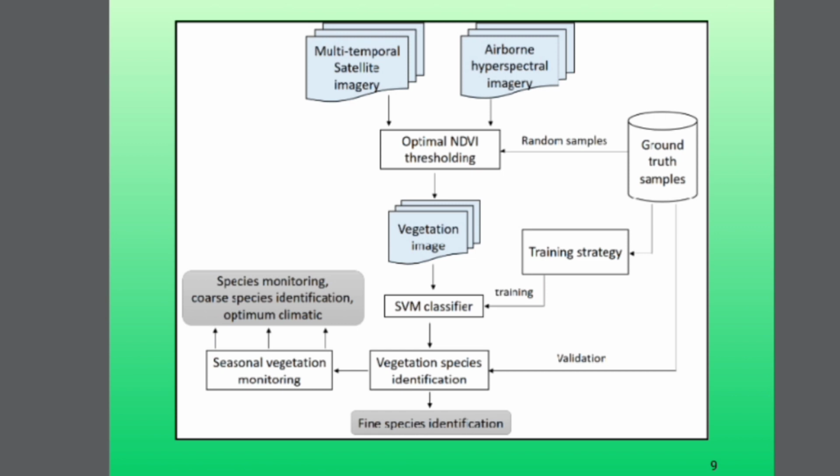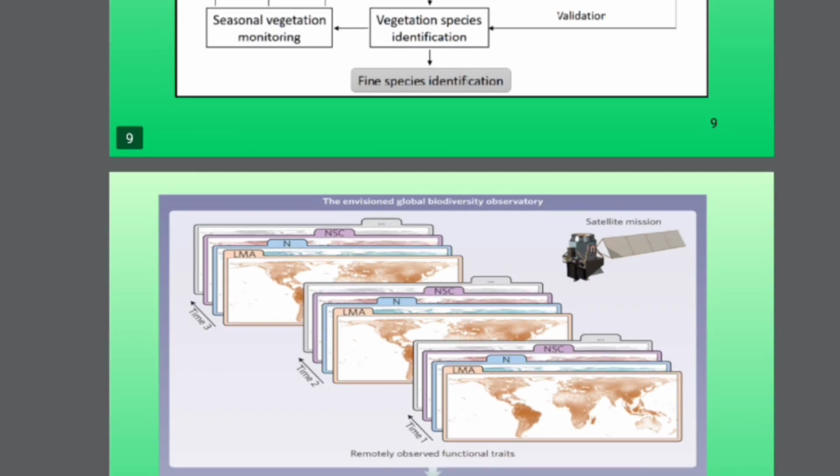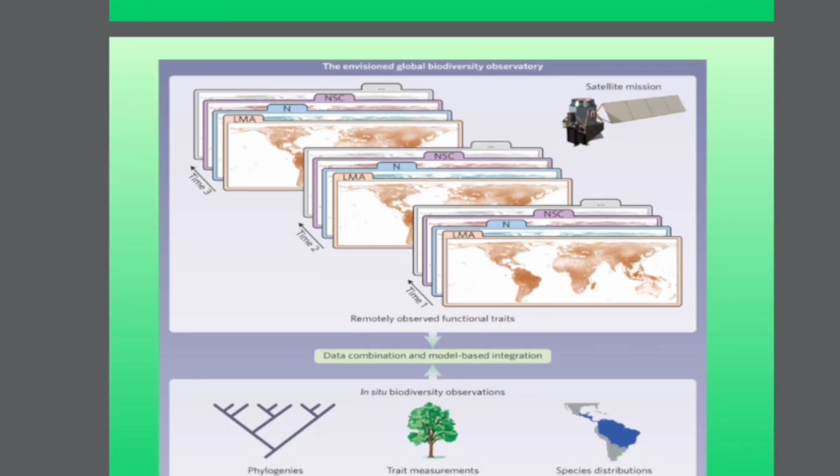So this slide tells us about the mapping and monitoring of introduced or invasive species in any area of the world. Here you see computer-generated graphs or maps that are based on observations in the field. These maps tell us about the distribution, areas, and abundance of invasive plant species.